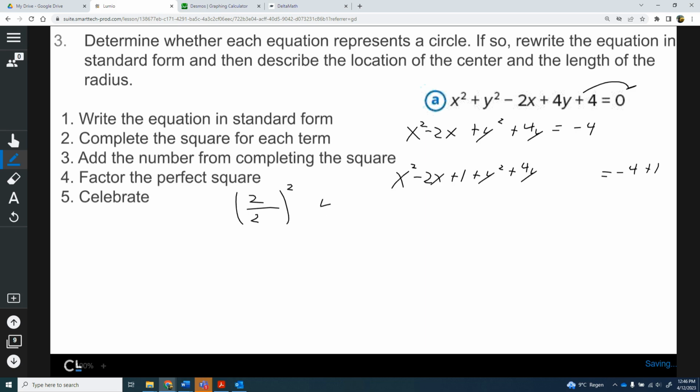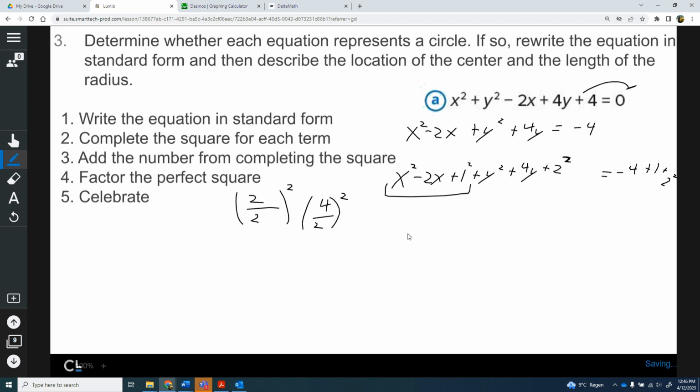I have 4/2 squared, 4/2 is 2. So I'm going to have 2 squared, put the squared there. So I'm going to add 2 squared.